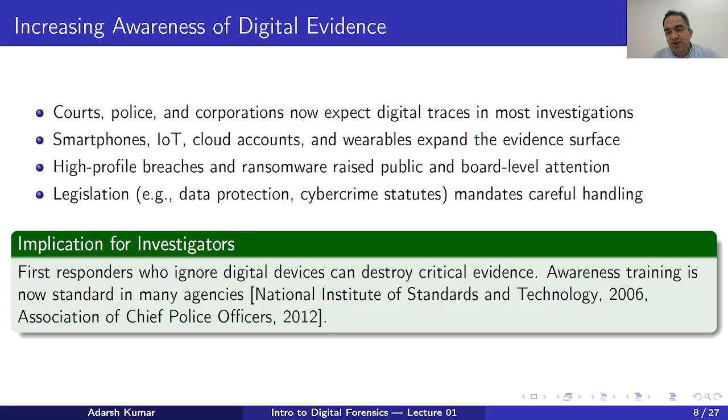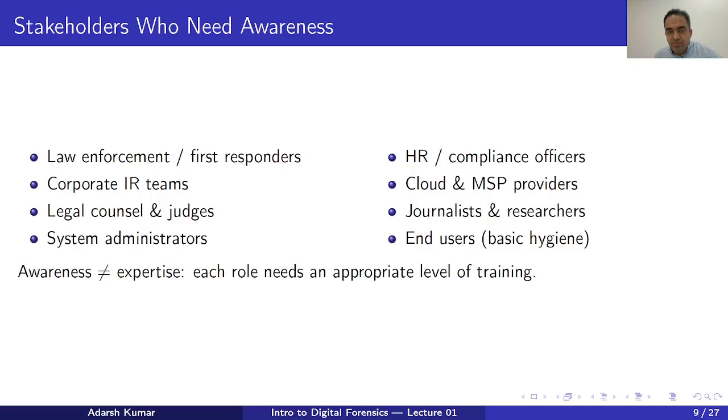For example, a traffic accident investigation today may include dashcam video, phone Global Positioning System (GPS) data, and vehicle electronic control unit (ECU) data, not only skid marks. So first responders need awareness training to avoid wiping or ignoring those sources.